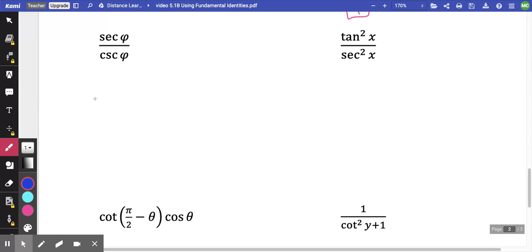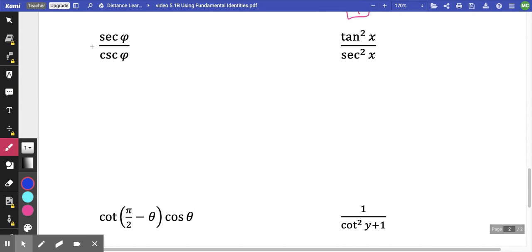A nice thing to fall back on if nothing else is really coming to mind. Like I'm thinking secant and cosecant, the only relationship that I had for them was the cofunction identities, but I'm not seeing a pi over 2 minus something as the argument for either of these, so that's probably not the right way to go.